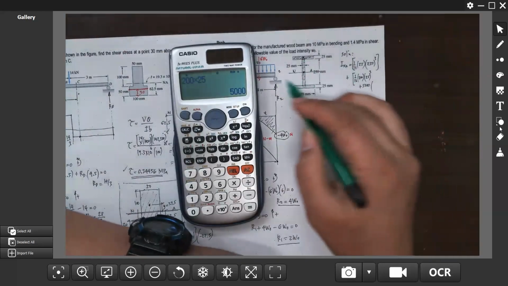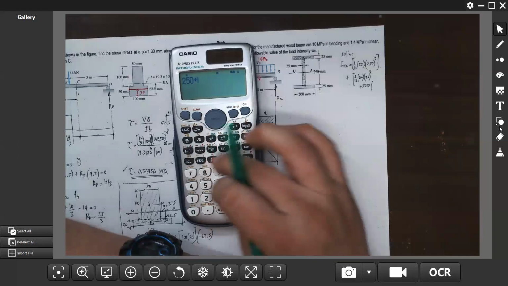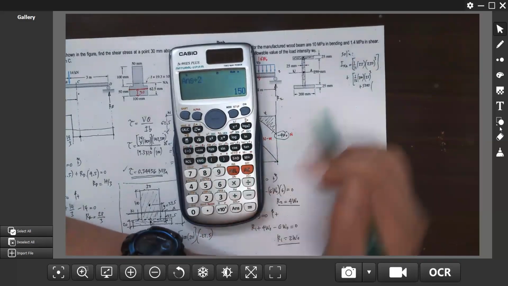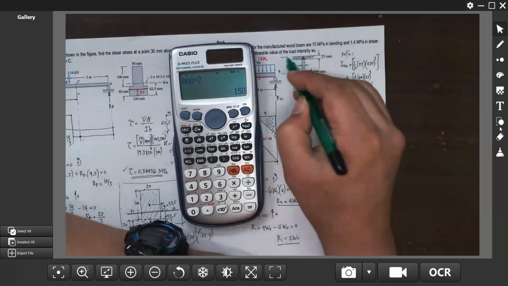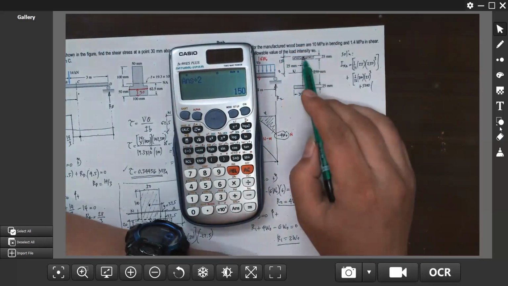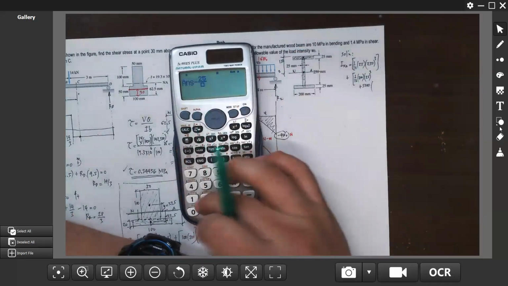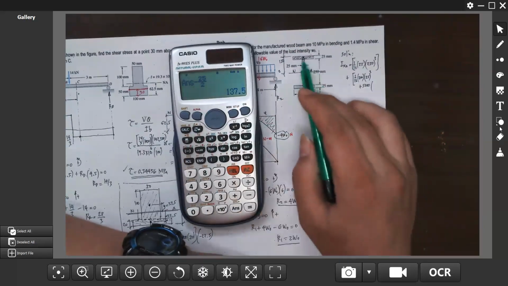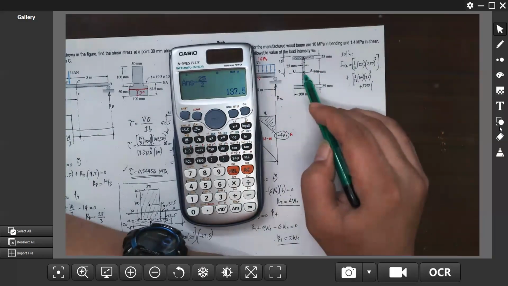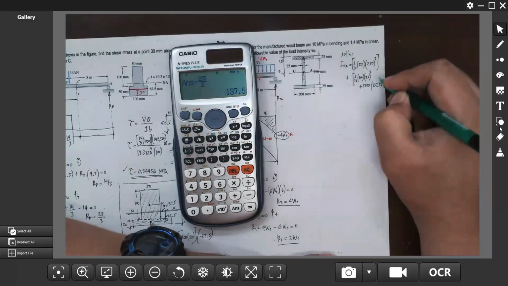The total height is 250 plus two times 25, which is 300, divided by 2 is 150. Since we are at half of the 25 flange, subtract 12.5, so D is 137.5. That is the distance to the neutral axis, so it is 137.5 squared.